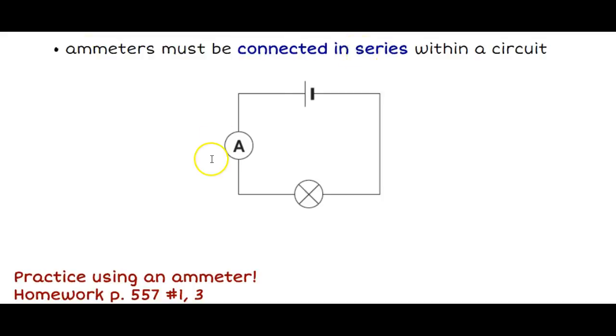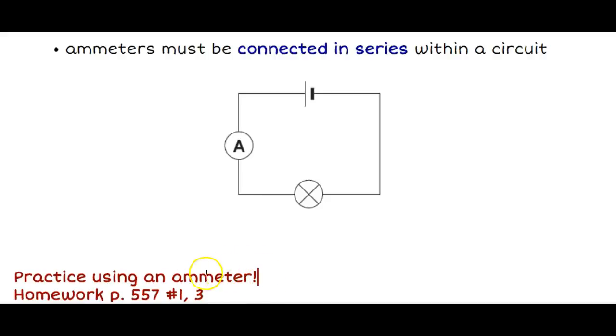If we want to measure the current in a specific circuit, we need to make sure that the current is actually passing through the ammeter if it's going to be measured. So my electric charges would be moving through the wire, through my load, in this case a light bulb, and then passing through my ammeter in order to record the rate of electron flow.